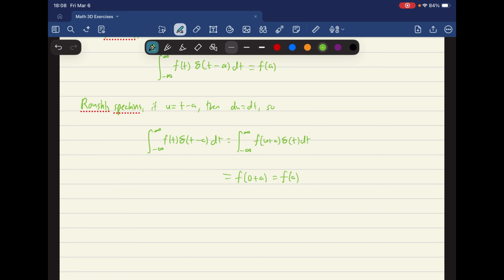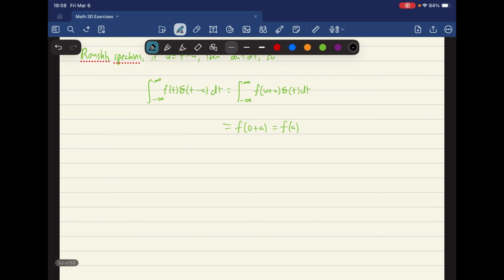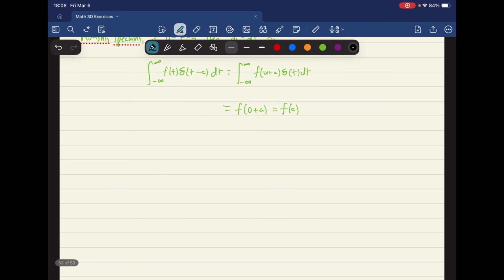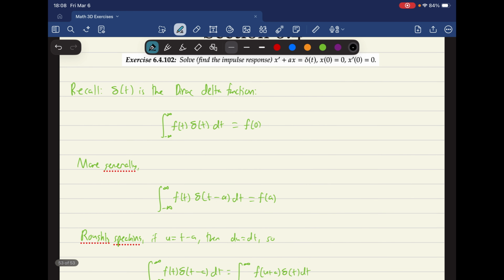Okay, but why is this useful? Well, now what we're going to do is essentially solve this using the Laplace transform. So if we take the Laplace transform of both sides, what do we get?